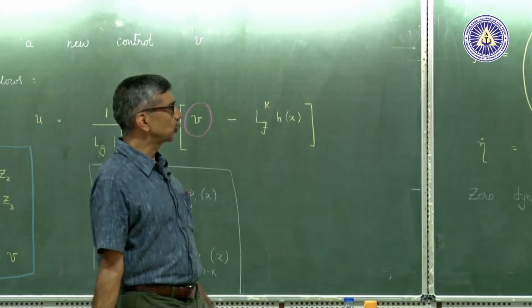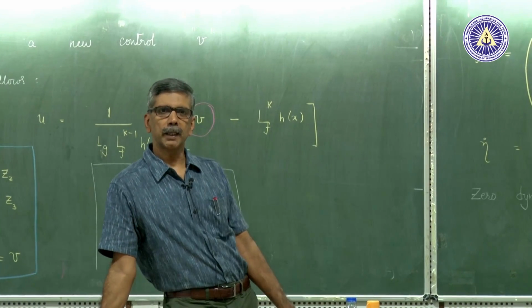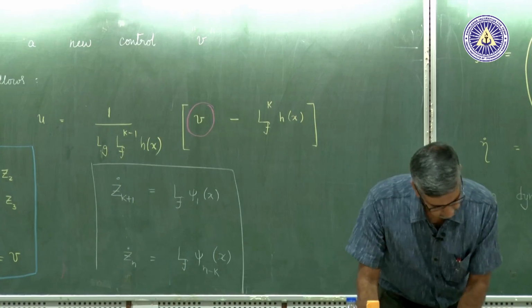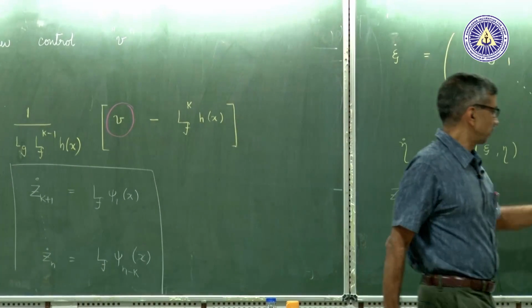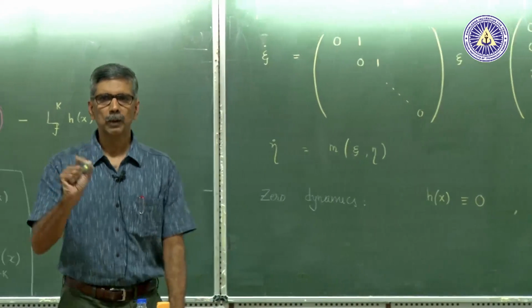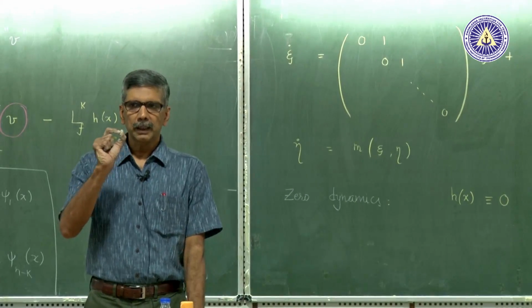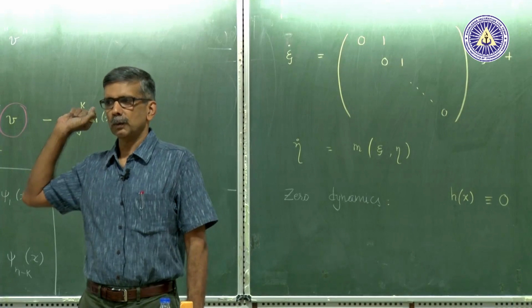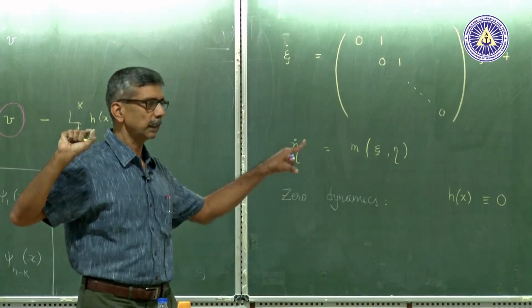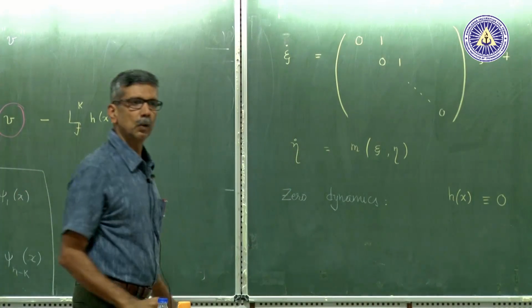So I'm saying, through an appropriate choice of my input, which I don't know whether I have the explicit expression for, I make my output, so the first variable, go to 0. You can work it out yourself. That will result in all the psi's going to 0: psi 1, psi 2, psi 3, psi 4 to psi k going to 0.